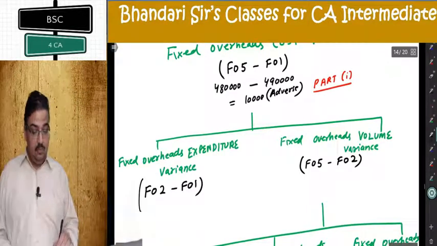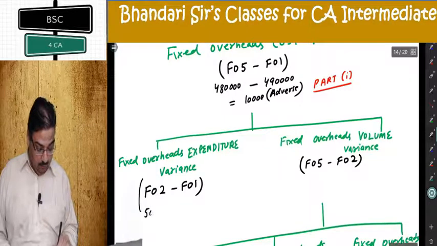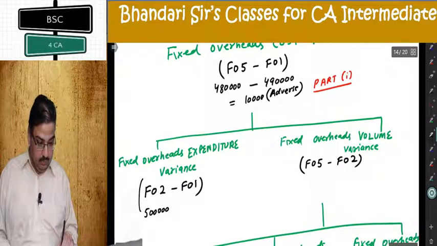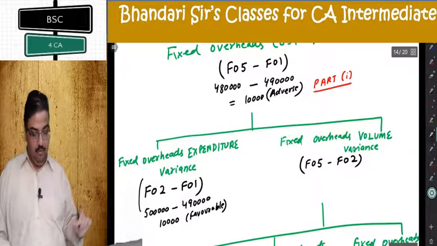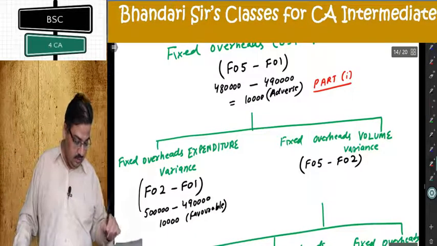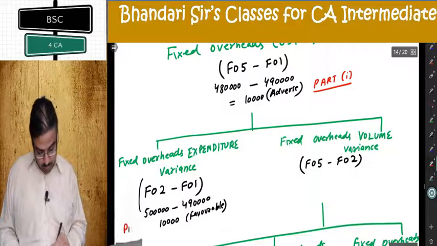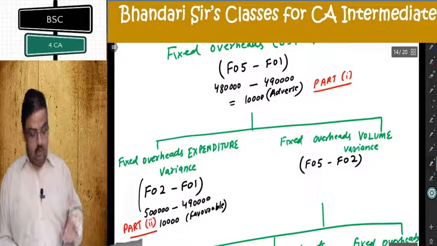Then FO2 minus FO1, 5 lakh minus 4,90,000, 10,000 favorable. This is expenditure variance. This is part 2.